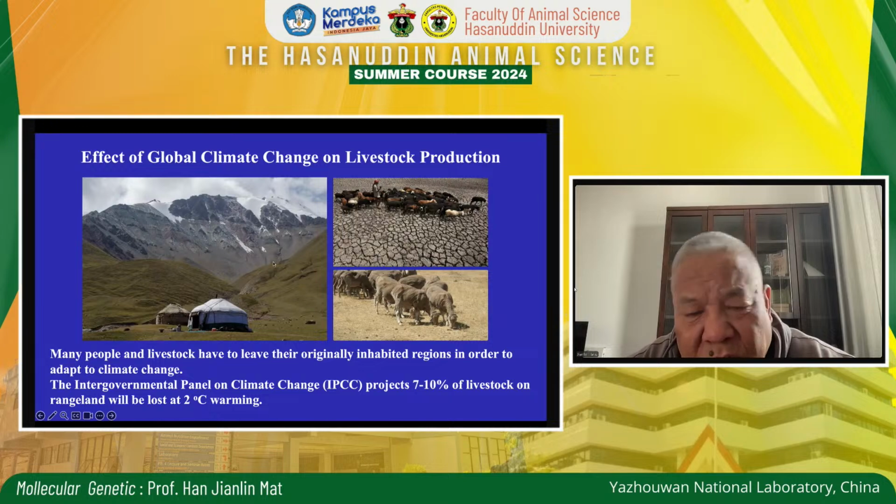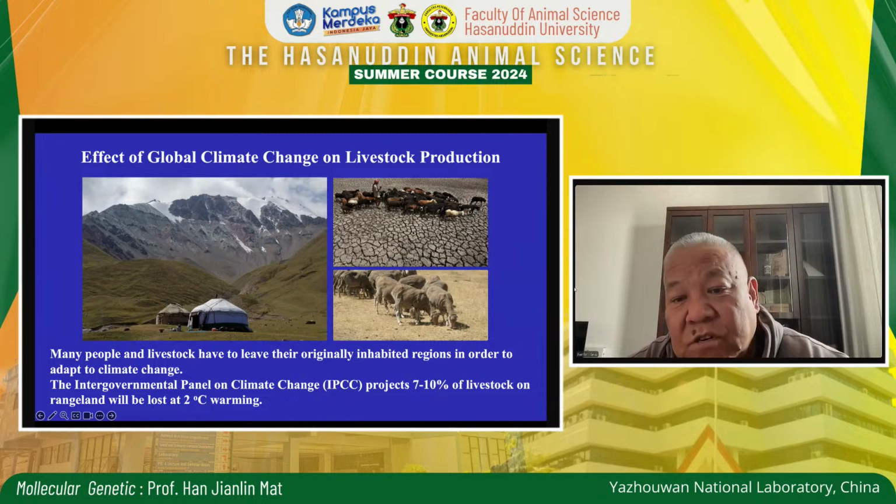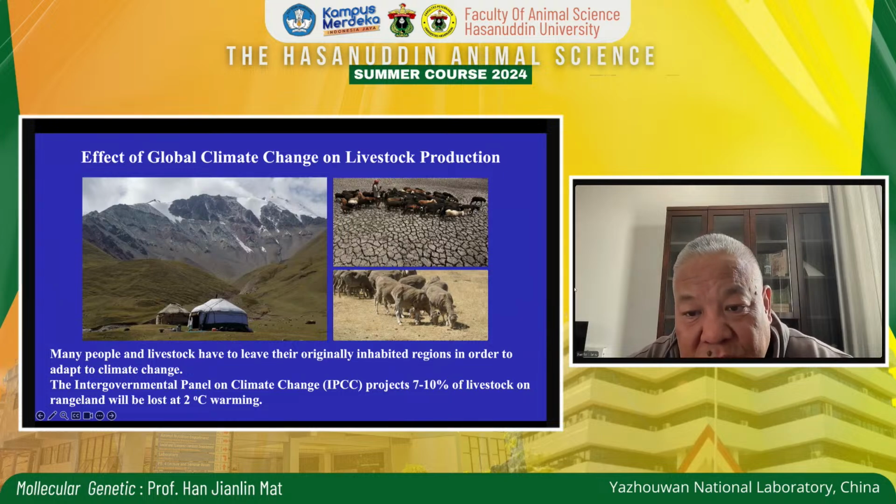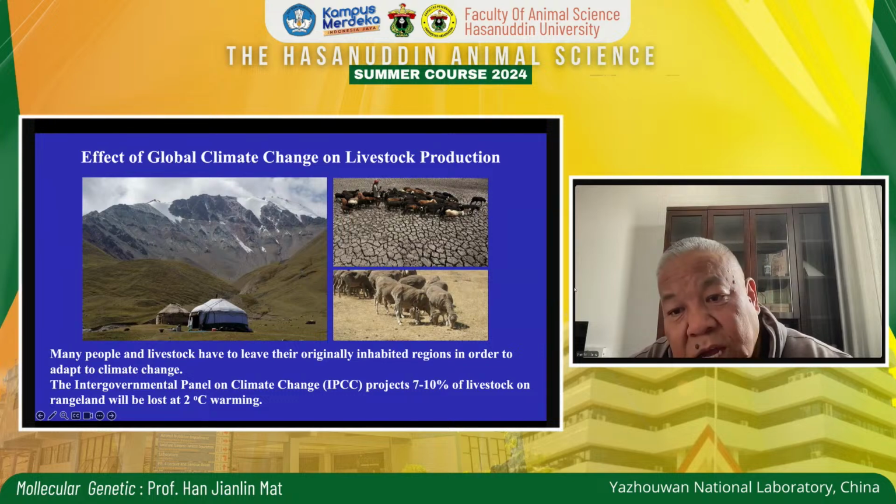Although maybe in a few places, on a particular island, the rainfall is increased and the biomass may be increased, but in general, we will suffer from drought. We will suffer from reduced biomass or reduced capacity of rangeland.